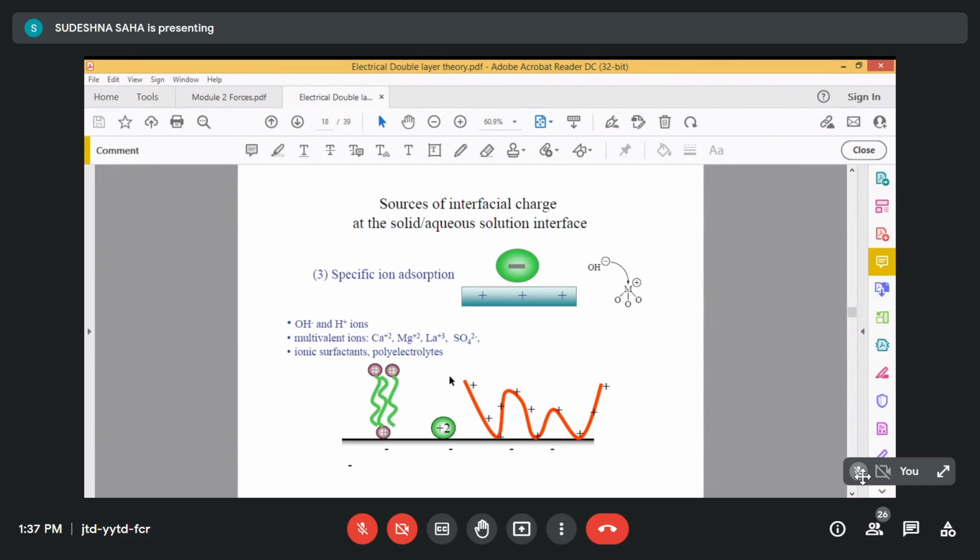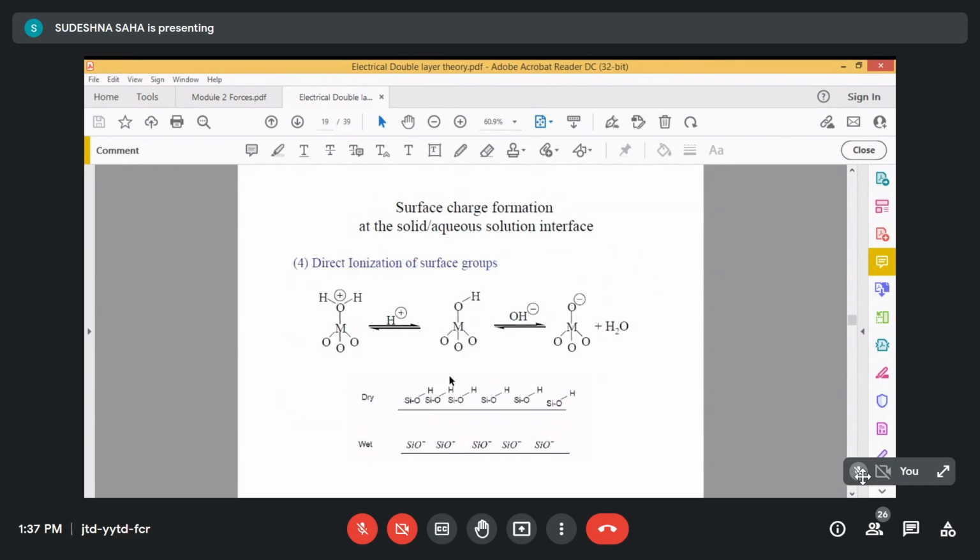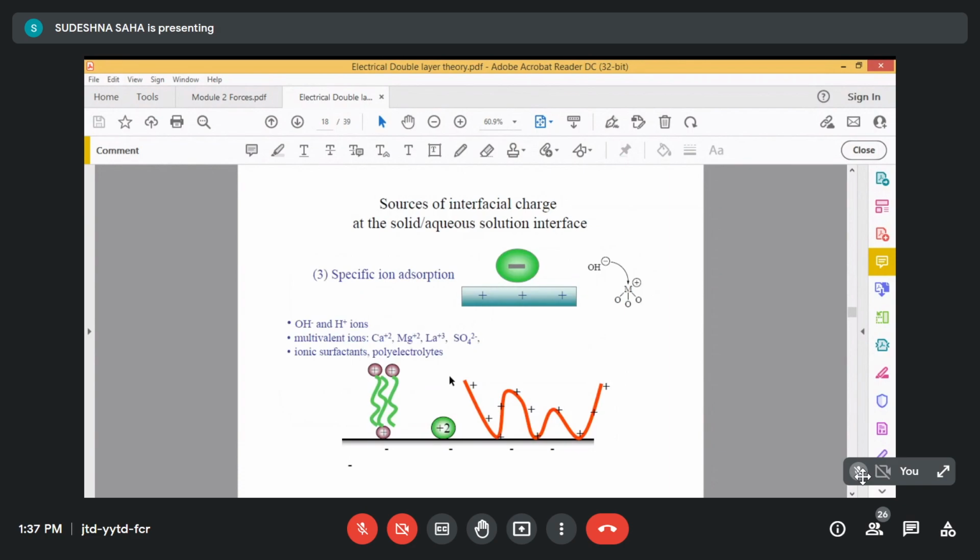By ionic surfactants I mean, suppose in your surfactants there are some calcium, sodium kinds of ions present, like sodium tartrate, so that is a surfactant, right?